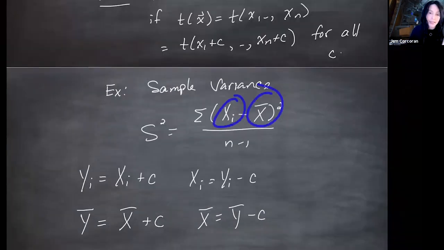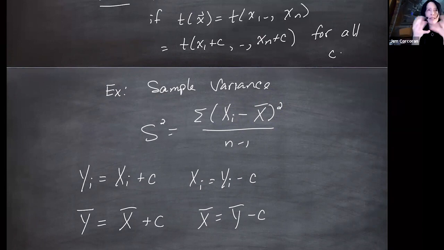Let me just say it this way, as I have been saying all along: if this is your data on a number line, it's a measure of spread about the sample mean. And if you move your data up or down, then the sample mean moves up and down and the spread does not change. So that's an ancillary statistic.